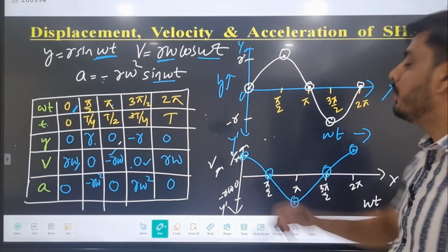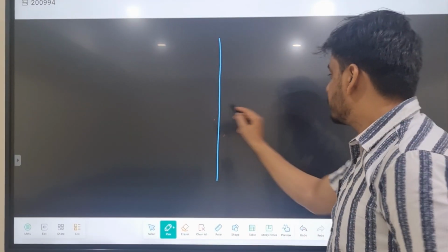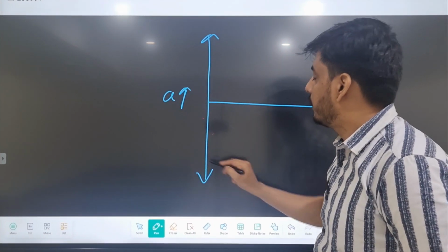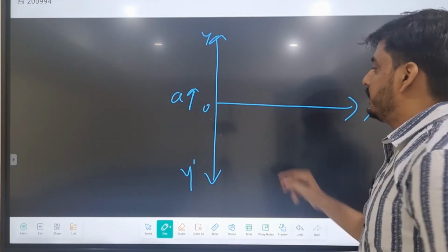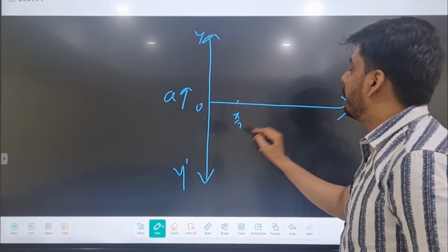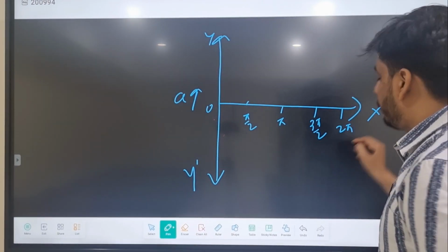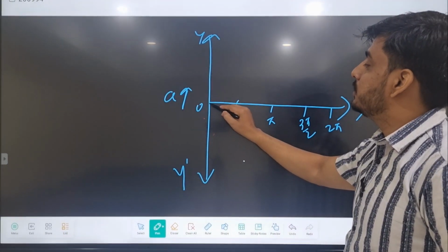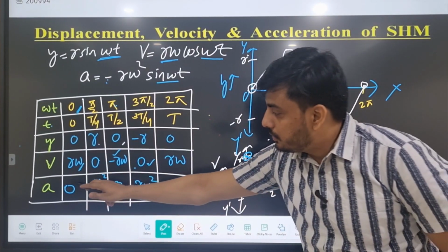Similarly, the last one we can plot is with respect to acceleration. Let acceleration be along the y-axis, y dash, this is the origin, this is x, and the angles are pi by 2, pi, 3 pi by 2 and 2 pi. Acceleration is 0 at 0.